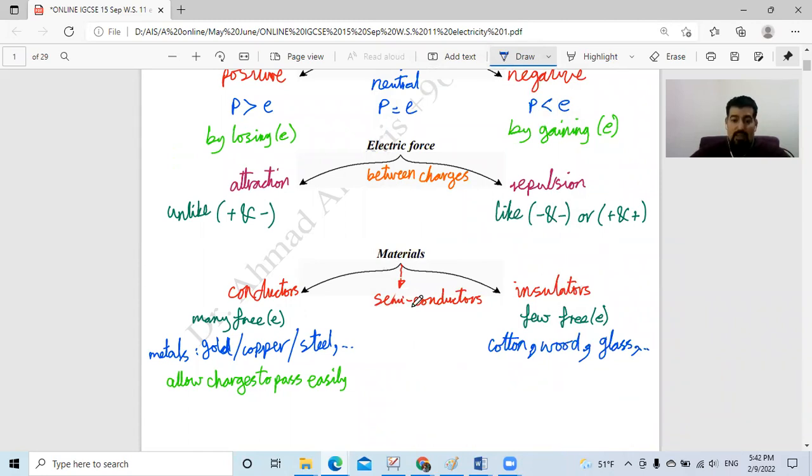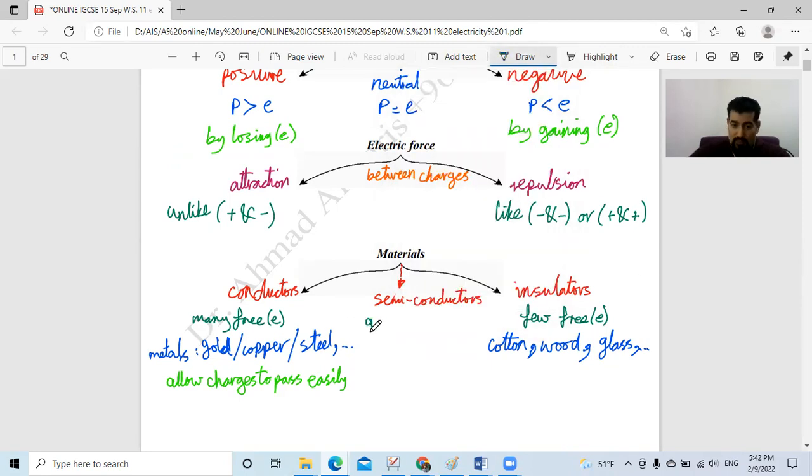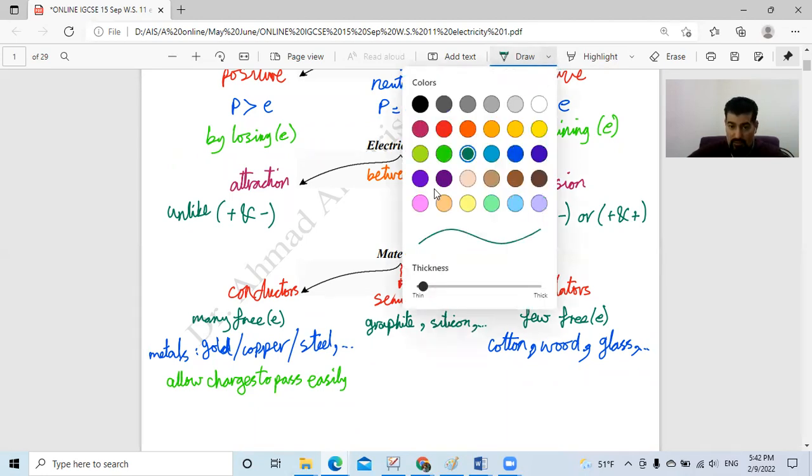Semiconductors are like graphite or silicon, okay? Bravo, graphite or silicon, excellent, or other materials. Actually, they are insulators, and they become conductors at certain conditions.